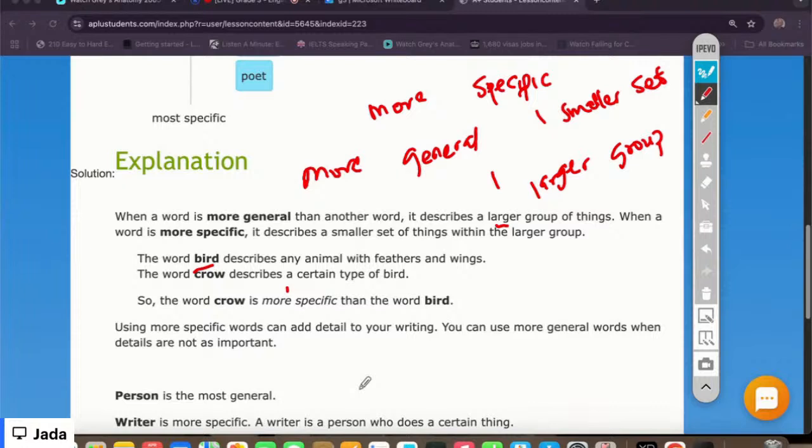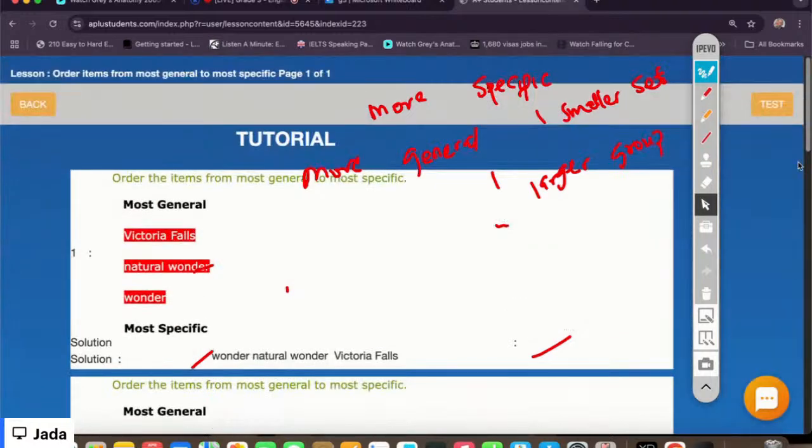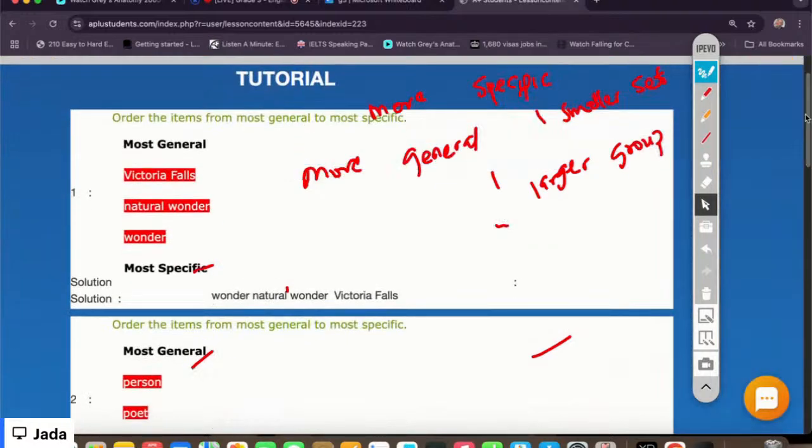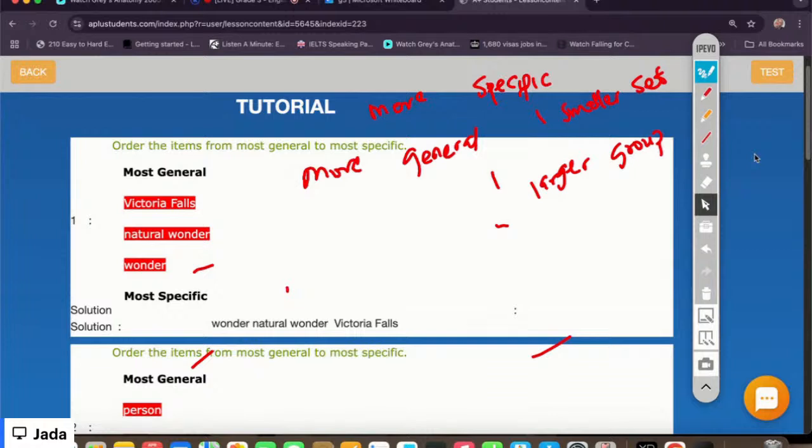So using more specific words can add details to your writing. You can use more general words when details are not as important. If you're using the more general, it simply means that it's not necessary to give more details. But when you use more specific, it gives more detail to your writing. So let's look at some examples, okay?